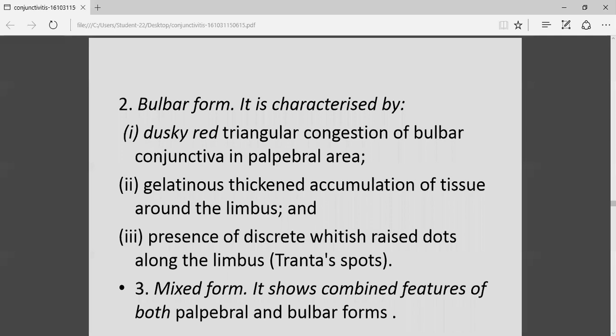Basically, these are the diagnostic signs of the bulbar or the limbal type of VKC, where you see glistening swellings, which are papillary reactions around the limbus. Then there is the mixed type, where you find the characteristics of both the bulbar and the palpebral form.